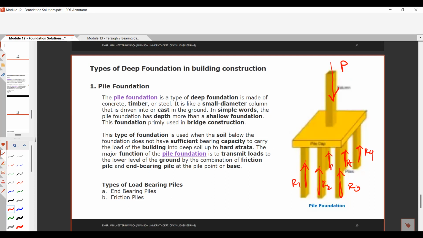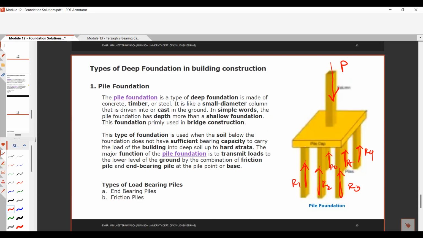Okay, so summation of forces vertical, your P is equal to the summation of the reactions of your piles. Okay? So yan yung purpose ng piles.